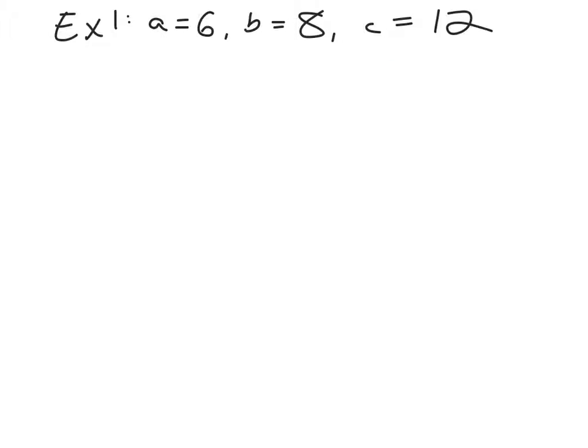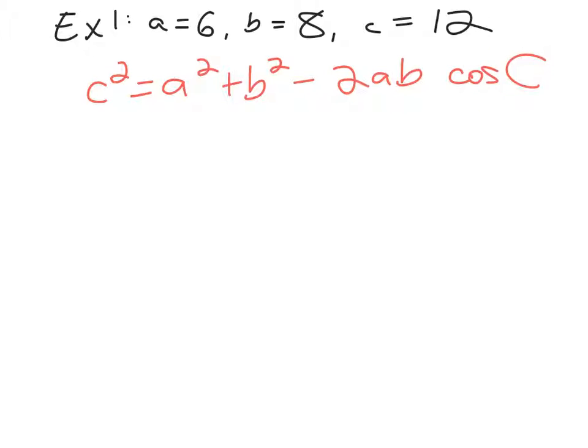That means I'm going to be solving for angle C. So I'd want to set it up as c squared equals a squared plus b squared minus 2ab cosine C, which is the version of the law of cosines that we're going to work with.